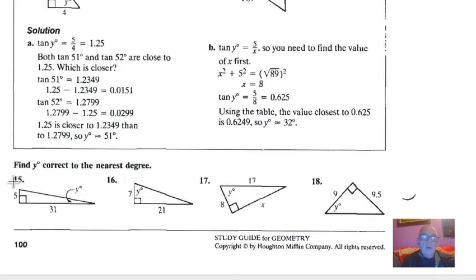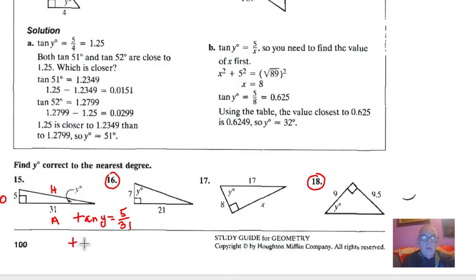Okay, these last ones, 16 and 18, you need to do if you want full credit for these. We're going to find the angle that goes with 5 over 31. Again, there's the hypotenuse. 5 is opposite. 31 is adjacent. Tangent y equals opposite, which is 5, over adjacent, which is 31.